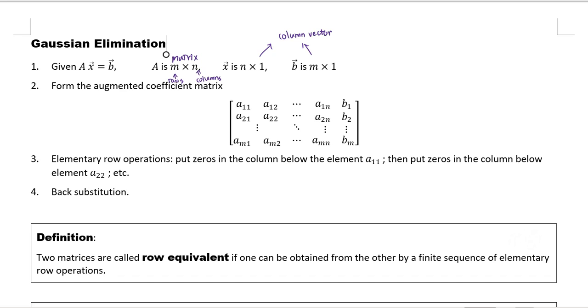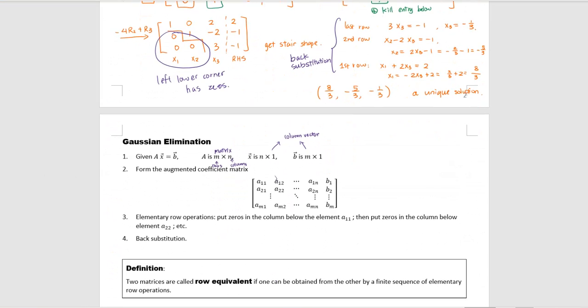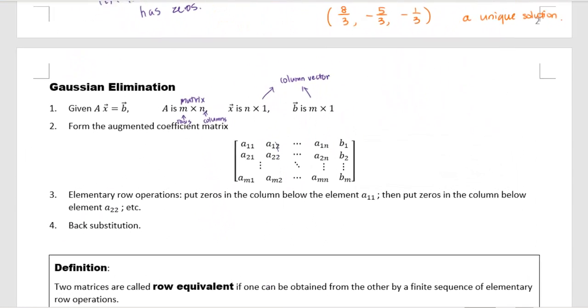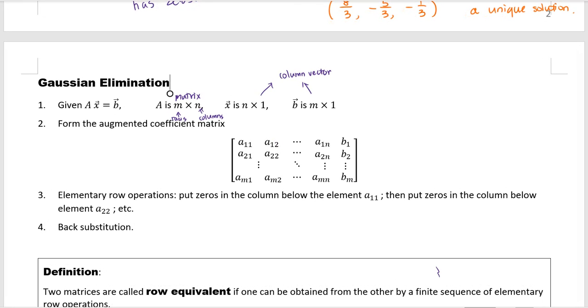Then we can form the augmented coefficient matrix. We use the matrix A adjoined with the vector b.